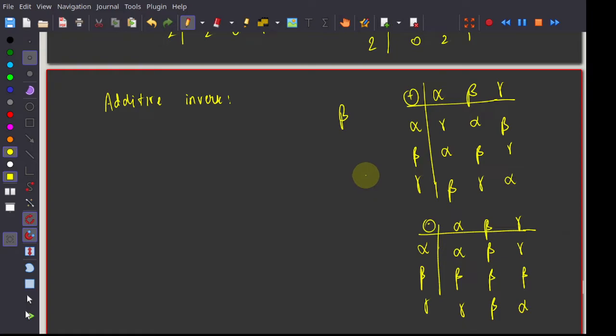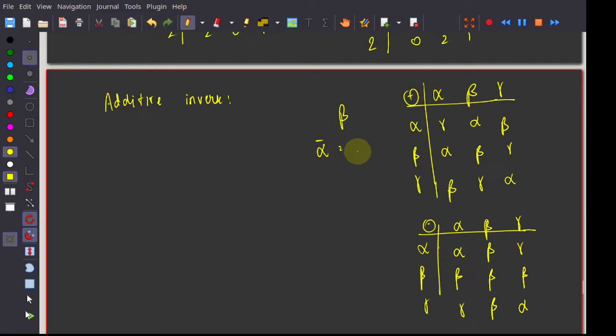Beta is the additive identity, right? So now for each element, I need to find an inverse. So what is the inverse of alpha? How do you find out? Gamma, right? Because alpha plus gamma is giving me beta, and gamma plus alpha is giving me beta. So the additive inverse of alpha is gamma.